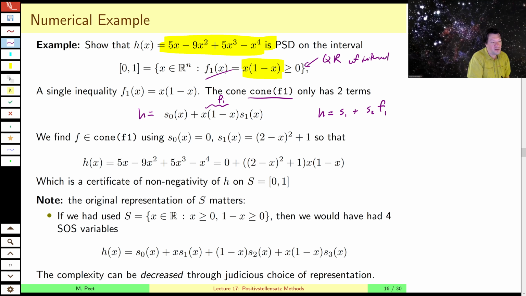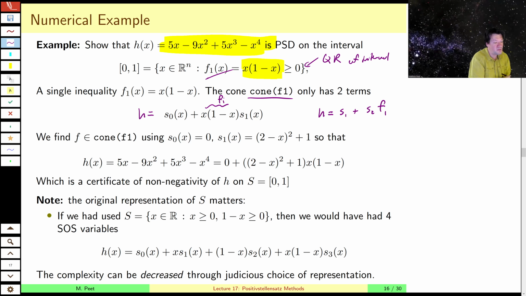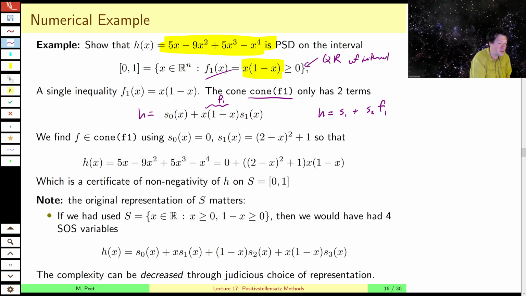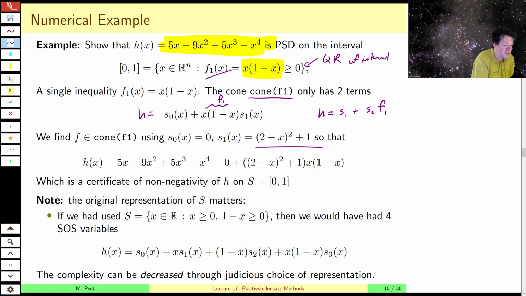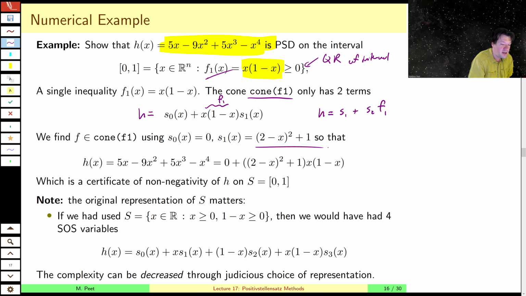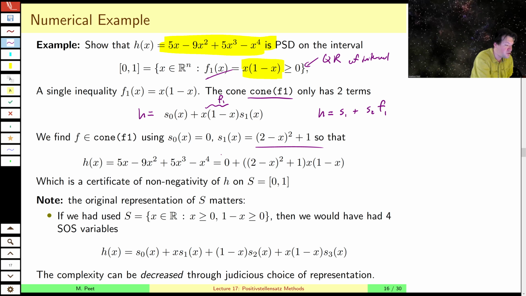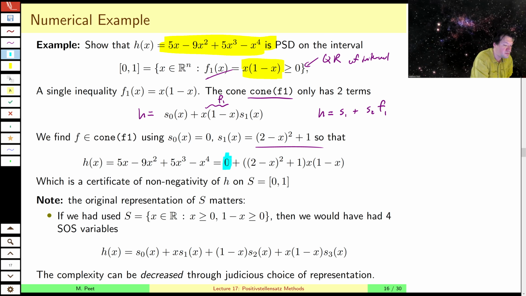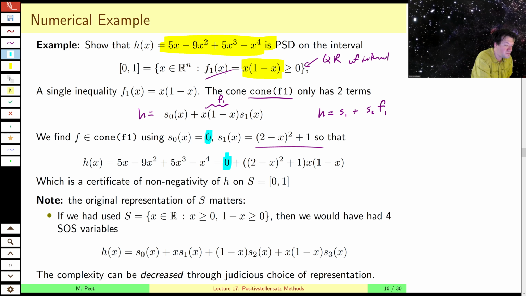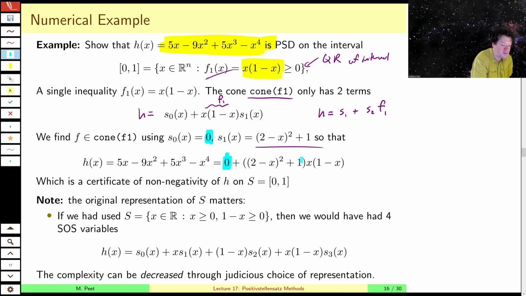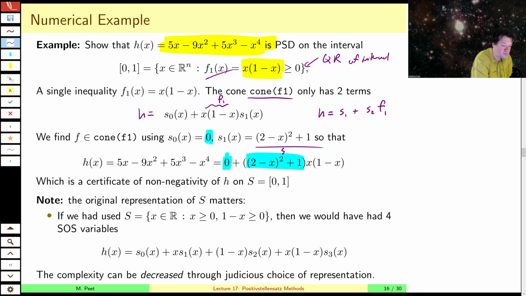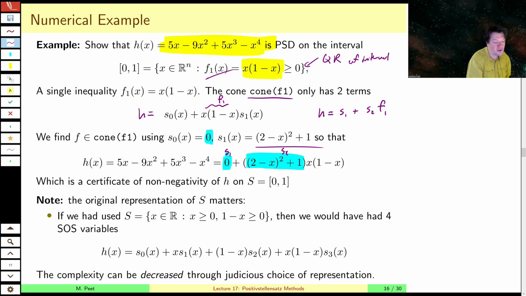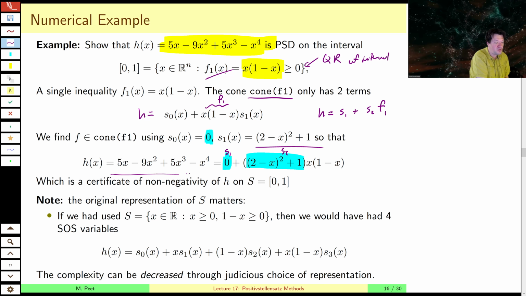And actually you can search this and it's feasible. There's a degree 2 sum of squares, which is right there, which satisfies this equality constraint. The first one, S1, is 0, and the second variable here is this. This is S2. And you can multiply this out and verify that, in fact, these two are equal.